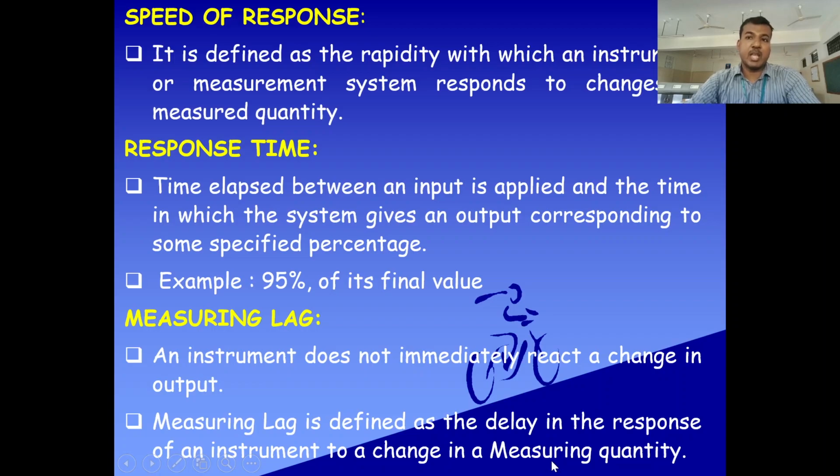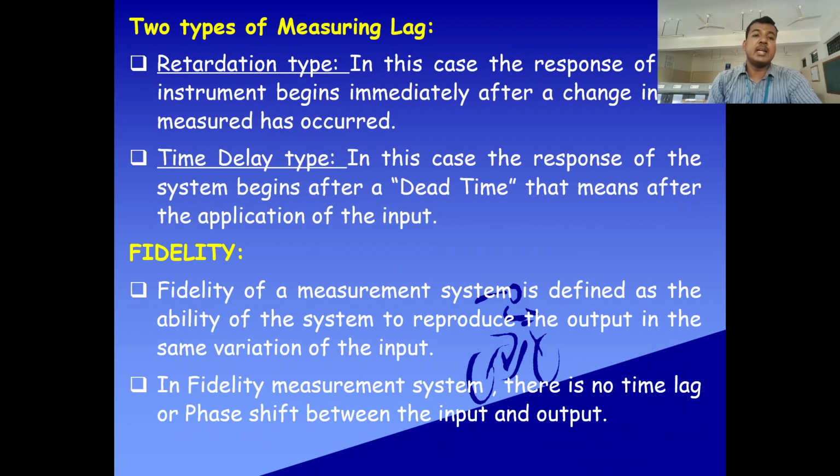Whenever there is a change, whenever there is a response, it should be measured. That is the purpose of a transducer. There will be some delay in measuring, which is termed the measuring lag. There are basically two types of measuring lag. In the retardation type, the response of the instrument begins immediately after a change in the measurement has occurred.